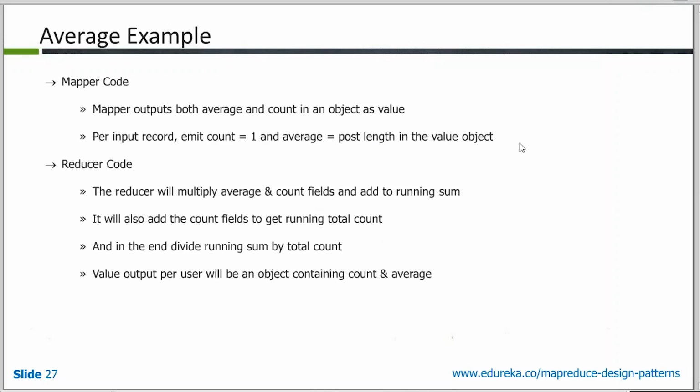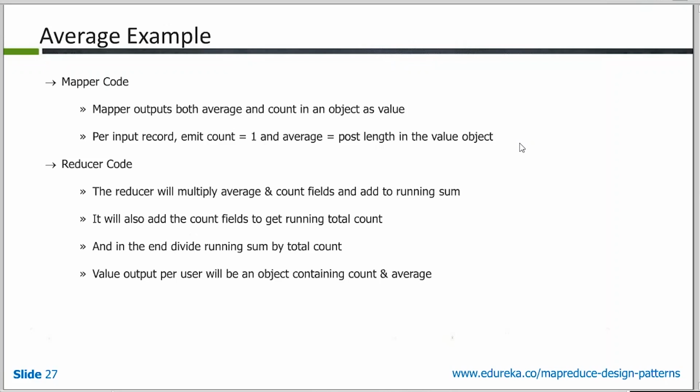The simple method would be to let the mapper give out the key and value pairs and do everything for calculating the average in the reducer without any combiner. But we want to use a combiner here because a combiner can have a lot of benefits.